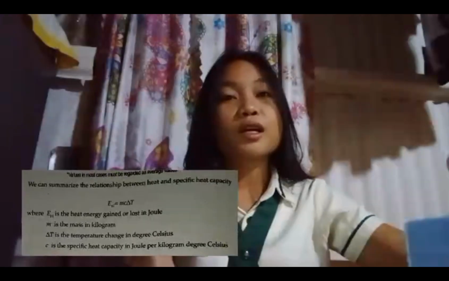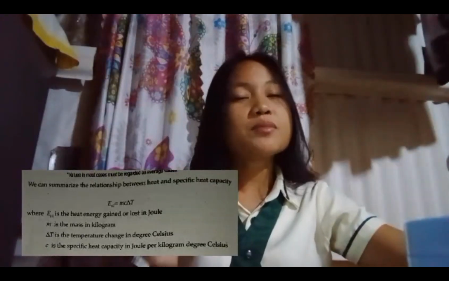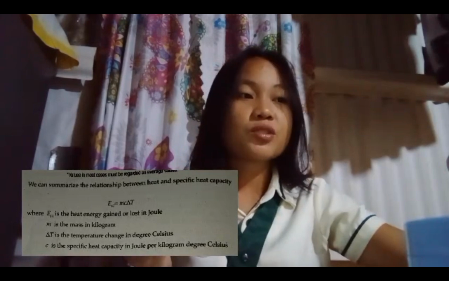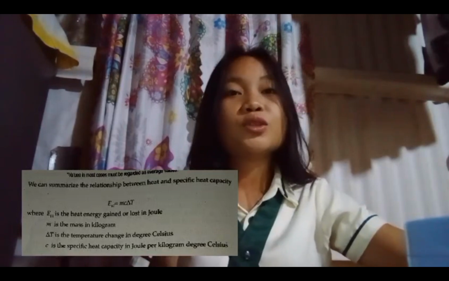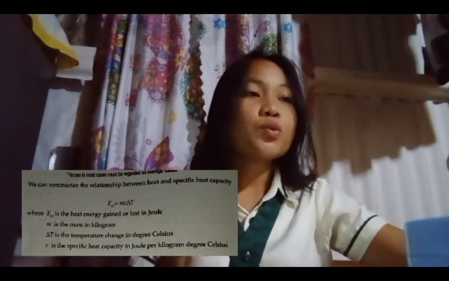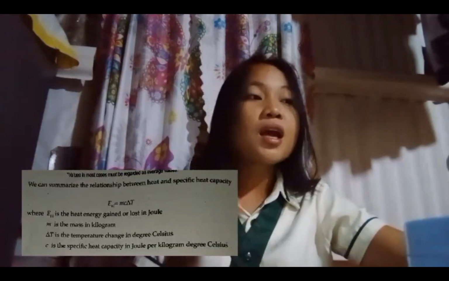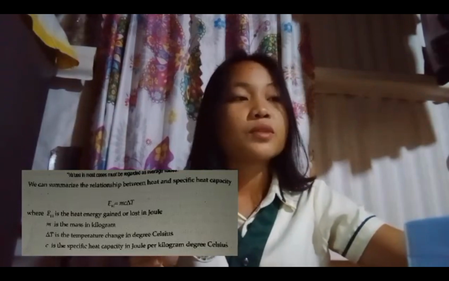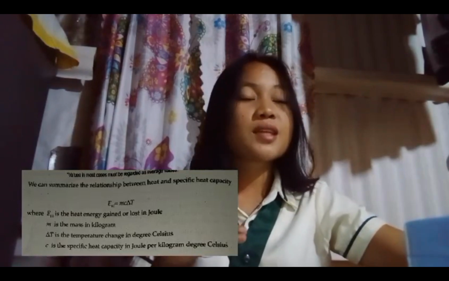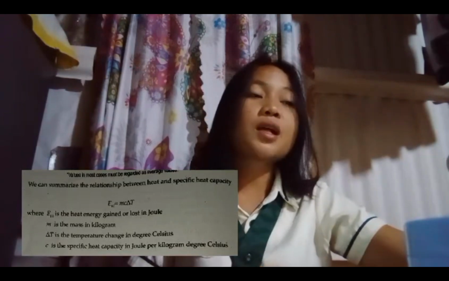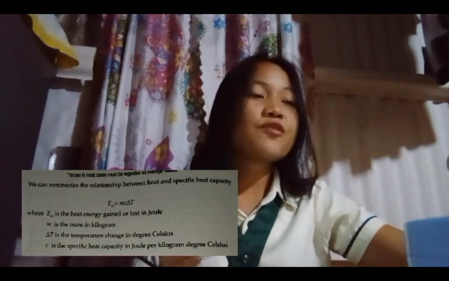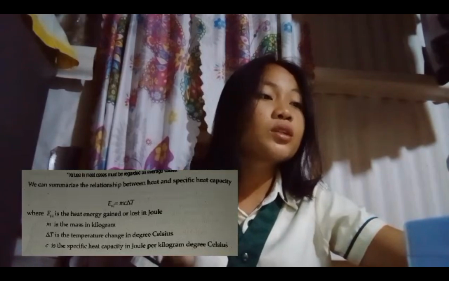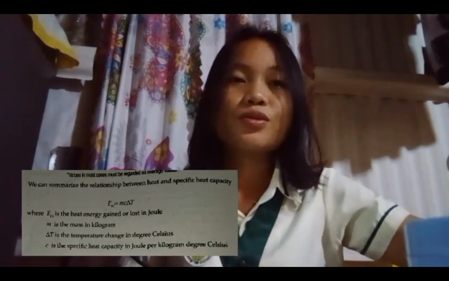And now we can summarize the relationship between heat and specific heat capacity, as the formula E sub h is equal to mc delta T, whereas E sub h is the heat energy gained or lost in joules, m stands for the mass in kilograms, delta T is the temperature change in degrees Celsius, while c is the specific heat capacity in joules per kilogram degrees Celsius.